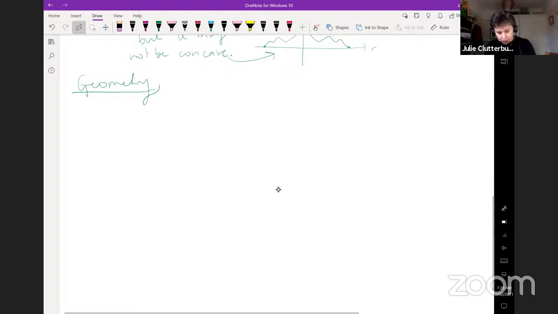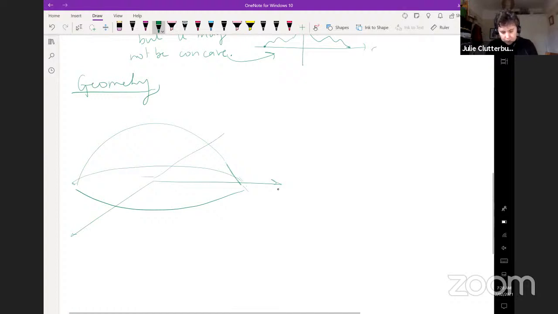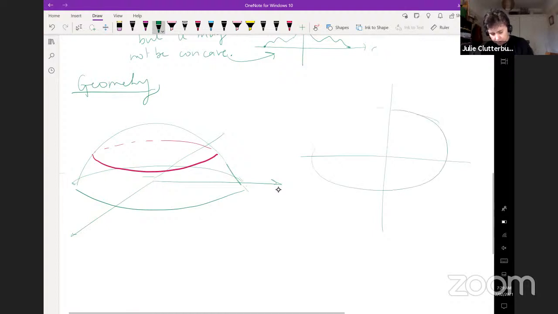So let's consider our domain and our function. This is what we're expecting our function to look like, some kind of turtle shell. If we consider a level set up here, we can draw this down in the domain as some kind of level set.